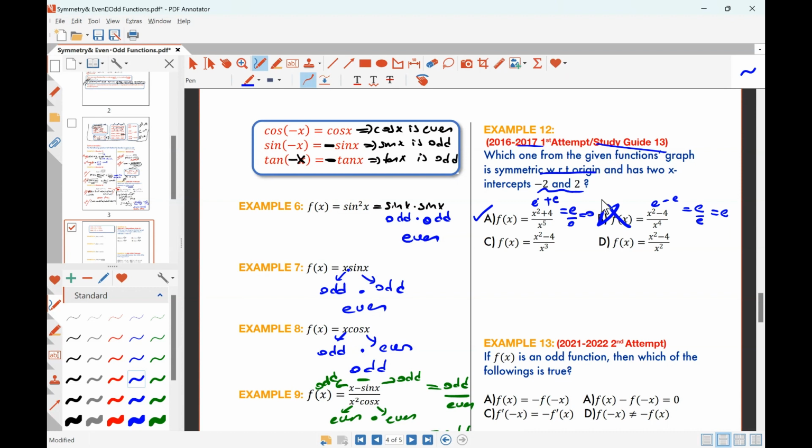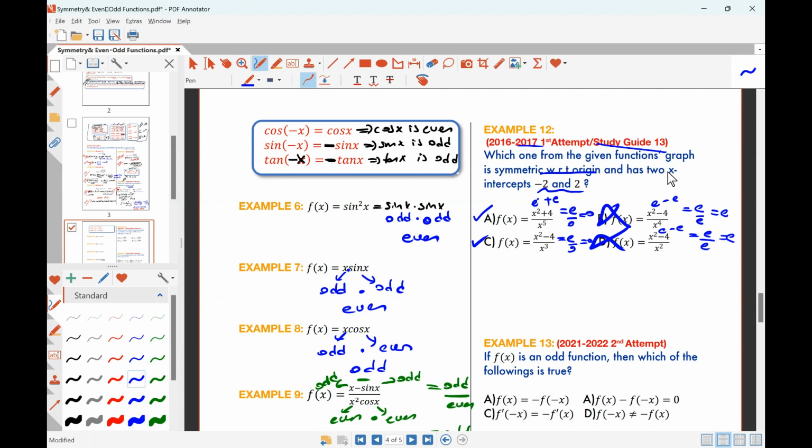I am looking for an odd function because it's symmetric with respect to the origin. x squared minus 4 is even minus even, which is even, x squared is also even, even over even, so that's not my answer either. Option C, x squared minus 4 is even, x cubed is odd, the result is odd, so that's also a possible answer. I checked symmetry, so two options remained.